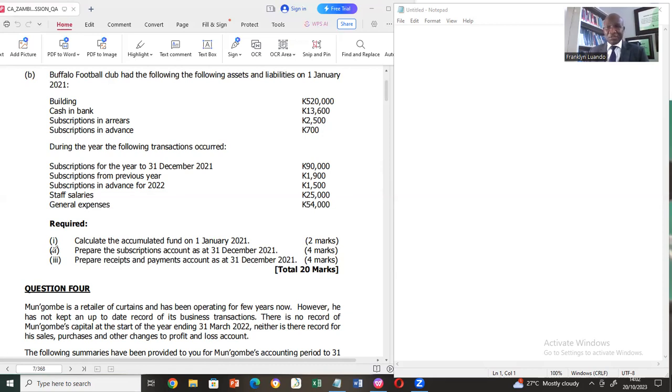Required: calculate the accumulated fund. We already know the accumulated fund is equivalent to capital. Capital at the beginning of the year is equal to total assets less total liabilities. So requirement number 1, accumulated fund.